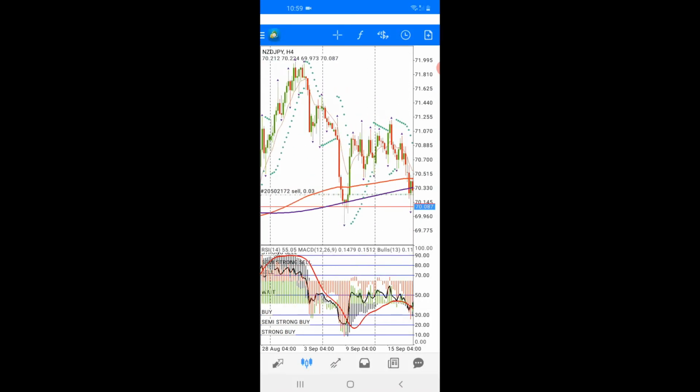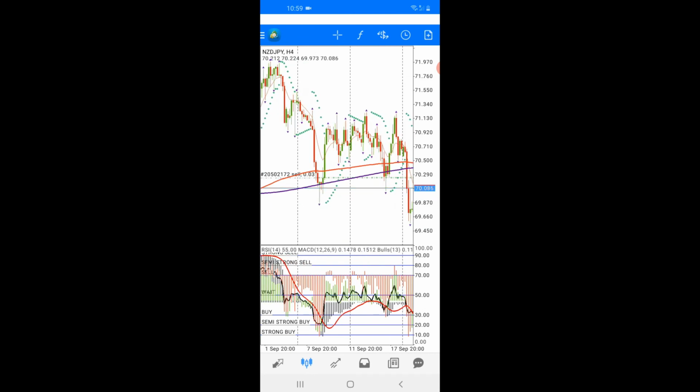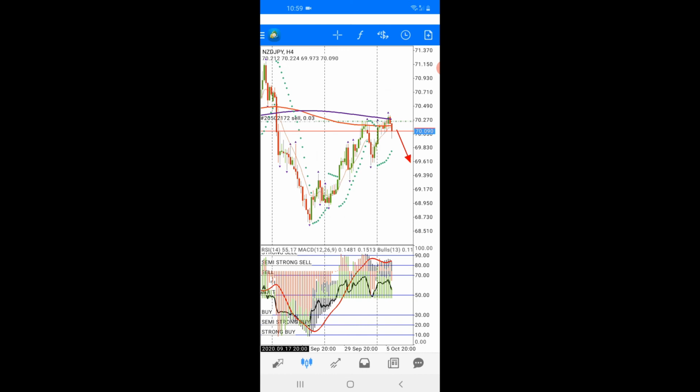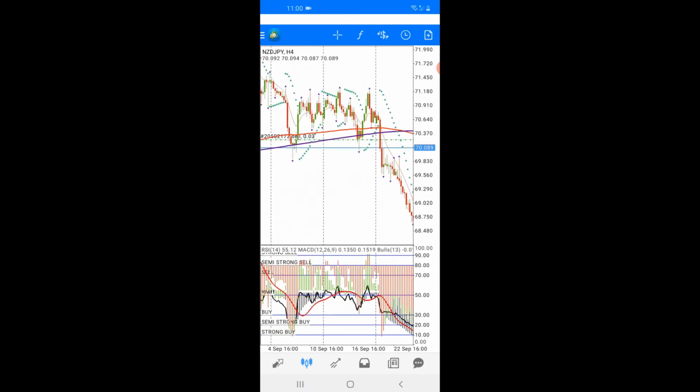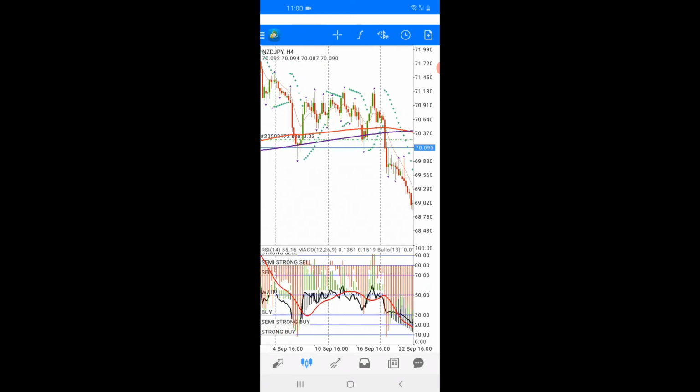But one significant thing you need to notice here is there are a lot of close range attempts between these moving averages, and that is indicating the market is most likely to form a downtrend.